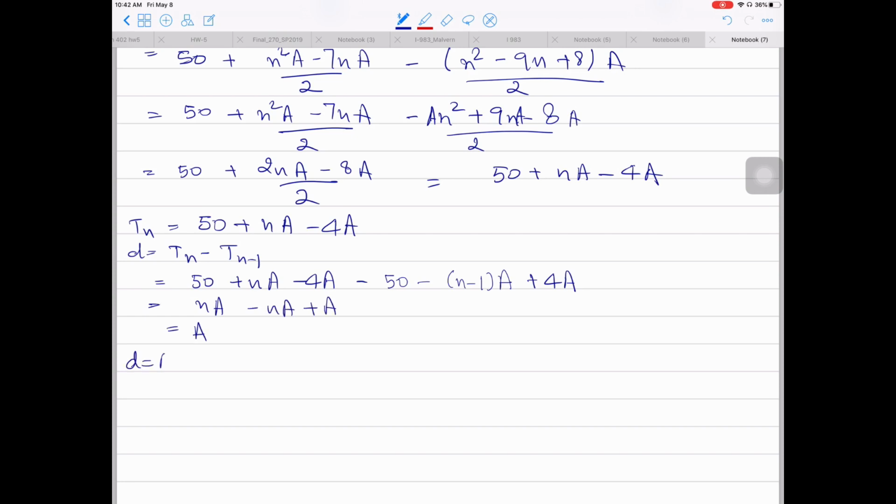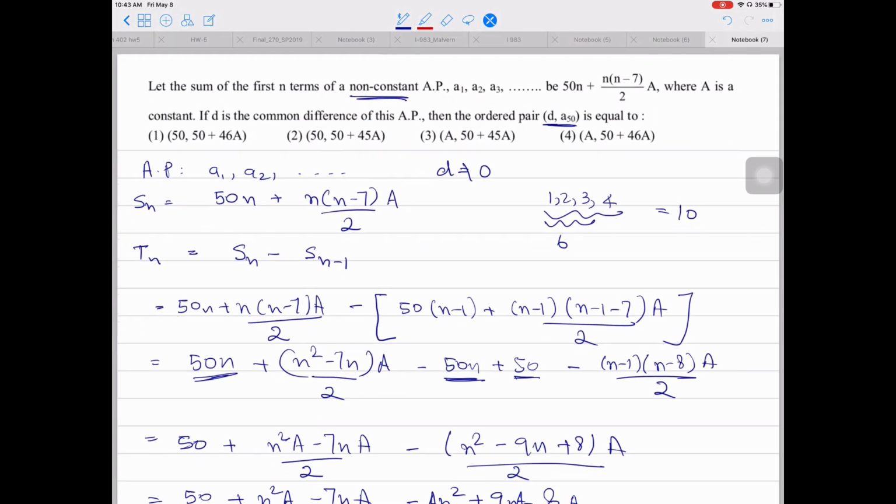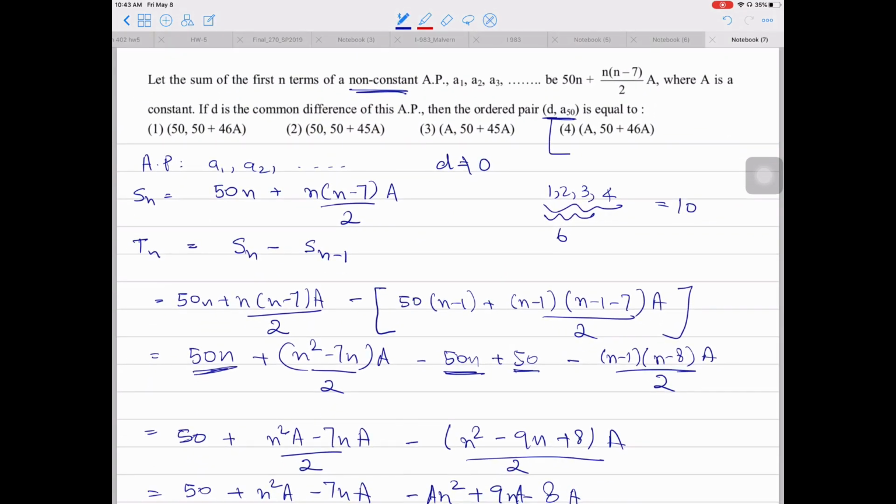So we know that the common difference here is the constant term a. And the 50th term is 50 plus 50a minus 4a, which is 50 plus 46a. So the ordered pair D, A50 is a, 50 plus 46a, which is option 4.